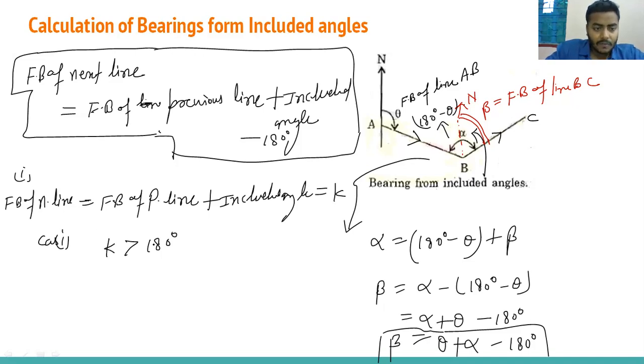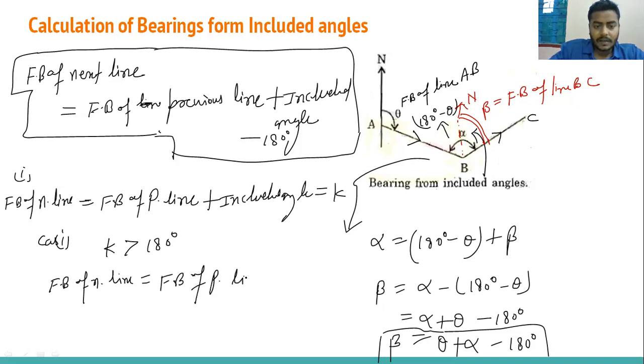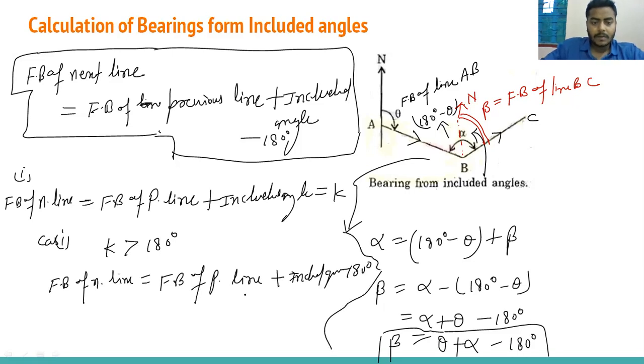If K is greater than 180 degrees, then we will deduct 180 degrees. In this case, the formula is: bearing of the next line is equal to the forebearing of the previous line plus the included angle minus 180 degrees.